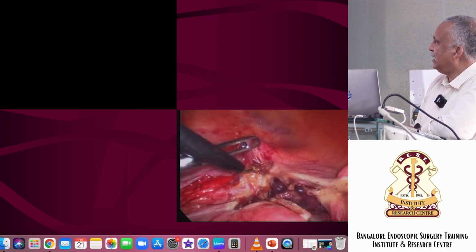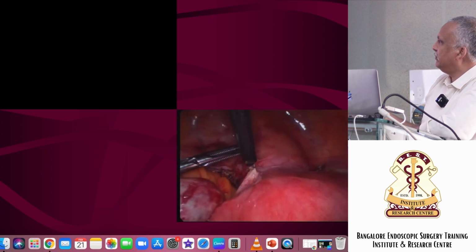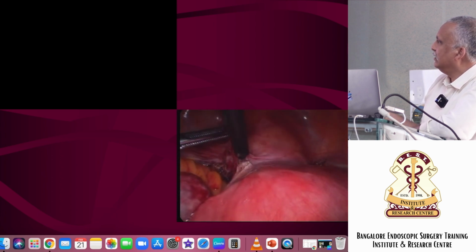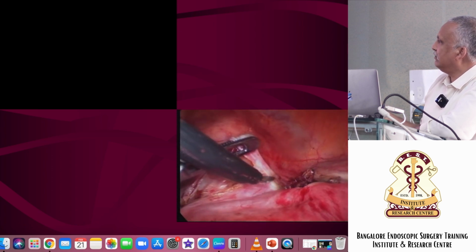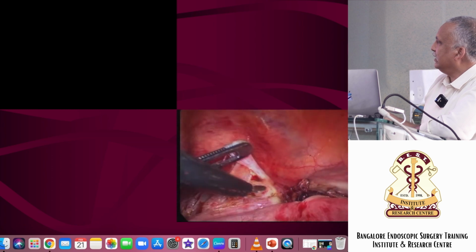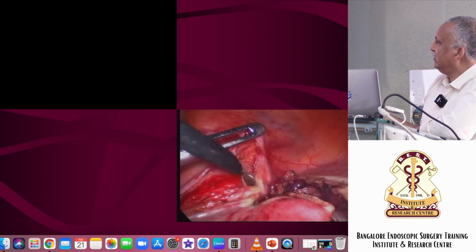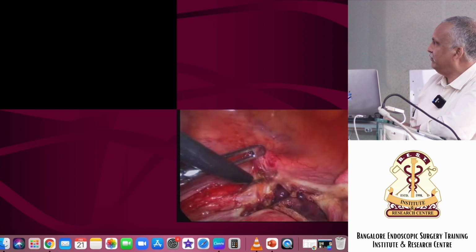You are using the sharp edge of the spatula, and when you are using the sharp edge of the spatula, it is cutting. You see, it's a very thin area. You are hardly in contact with it. You are not pressing it over there, and then there is cutting. But then when you have bleeding, you press the spatula on the bleeding, and that is when you have fulguration and desiccation.